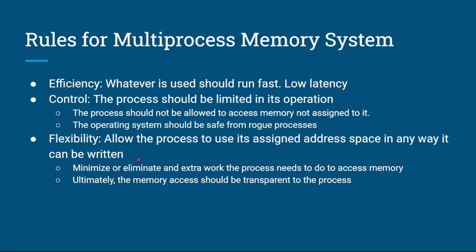It should be able to read or write to the addresses that it's allowed to without any extra work. We call this transparency. As long as this memory access is transparent to the process, we've met this goal. Transparent meaning that the process thinks it's the only process running in memory at that time.